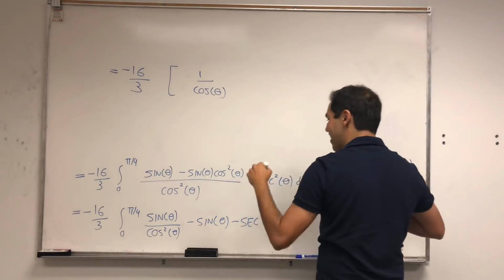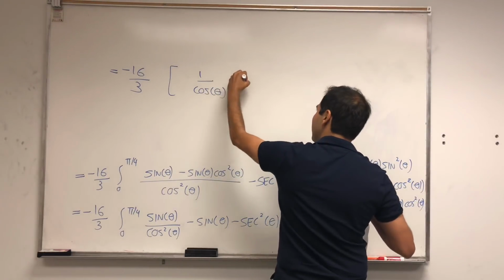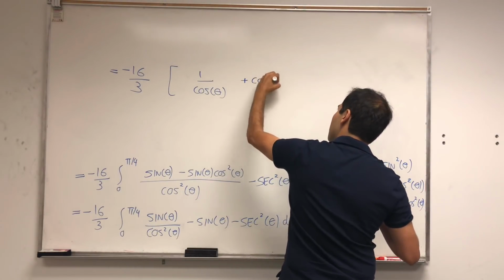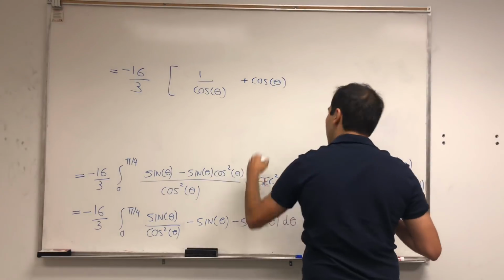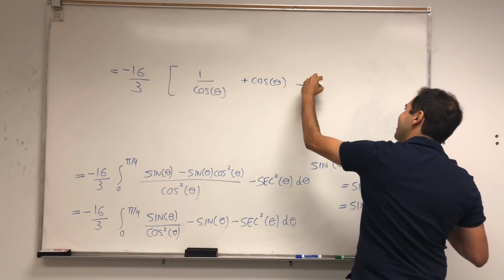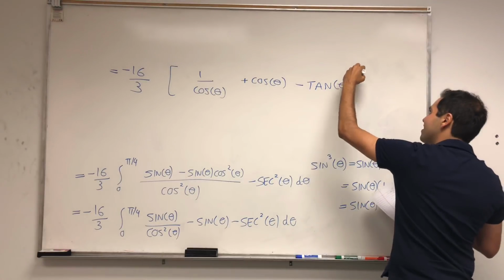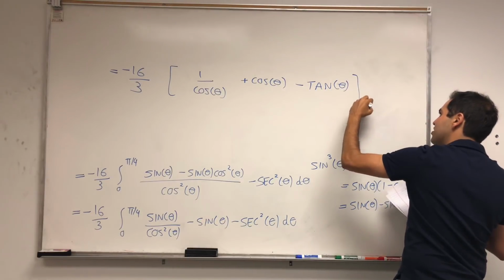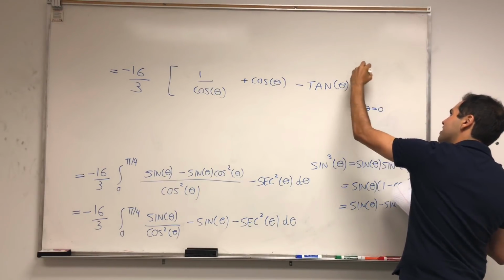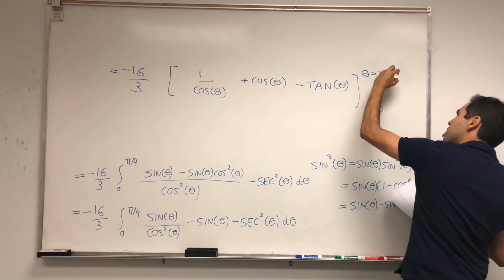So this is correct, and then minus sine becomes plus cosine. And then minus, now you can rejoice, it is tangent of theta, from theta equals 0 to theta equals pi over 4.